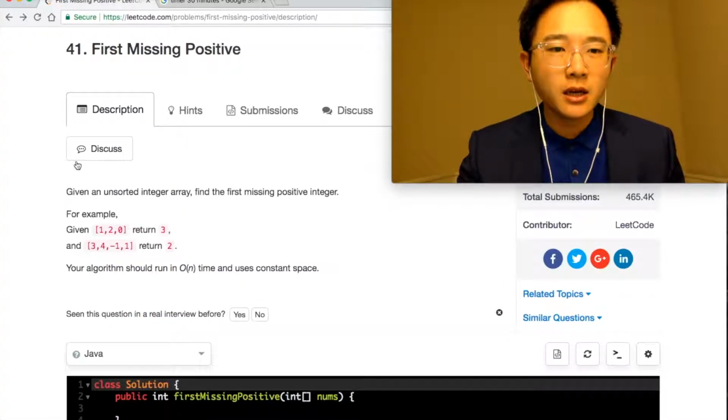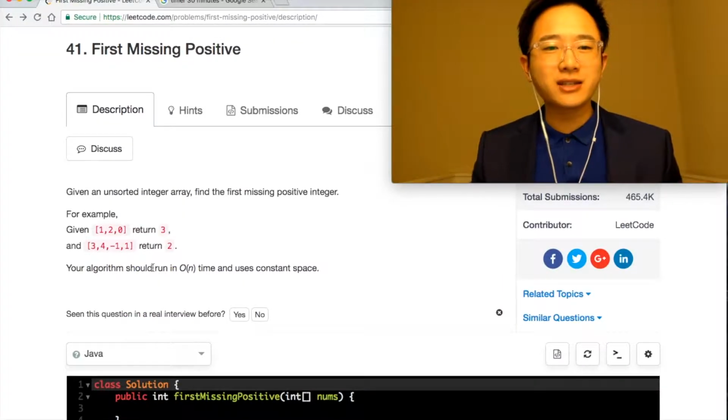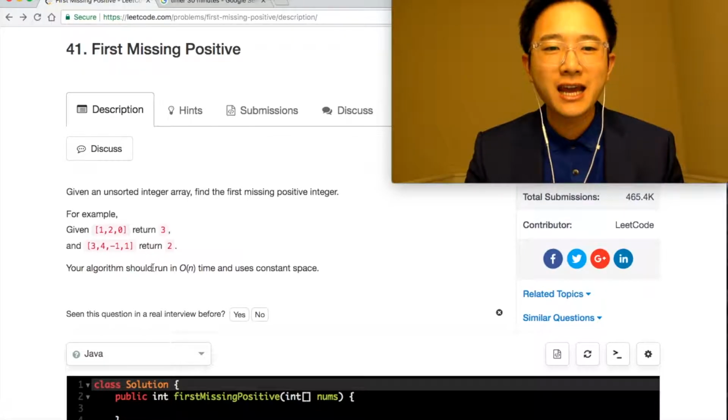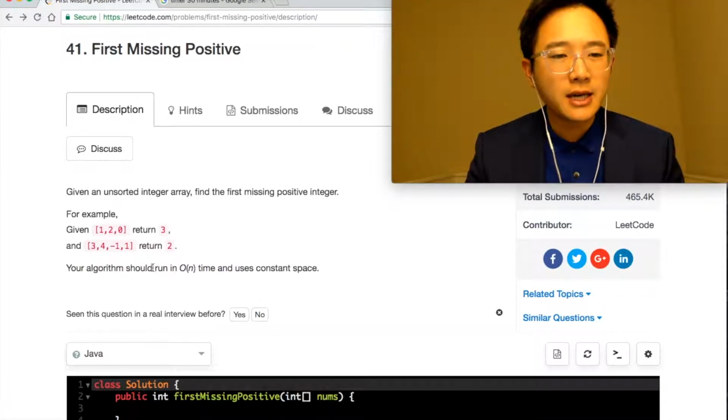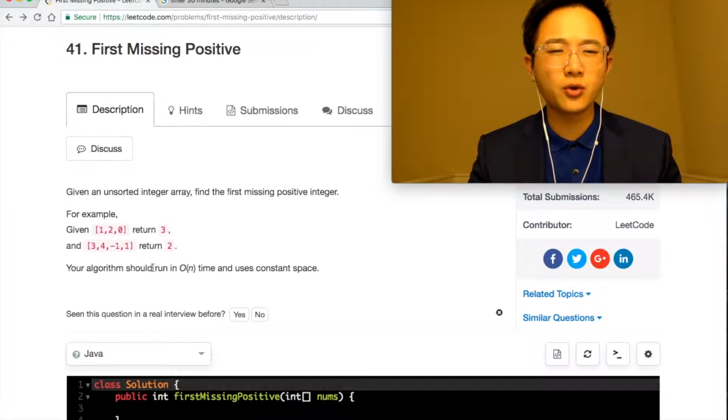Given an unsorted integer array, find the first missing positive integer. Very short question. For example, given 1, 2, 0, we have to return 3. And given 3, 4, negative 1, 1, we have to return 2.